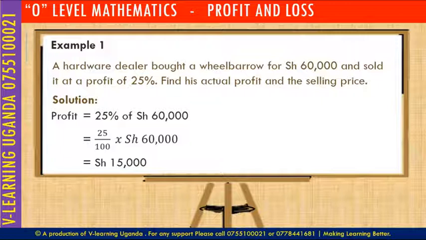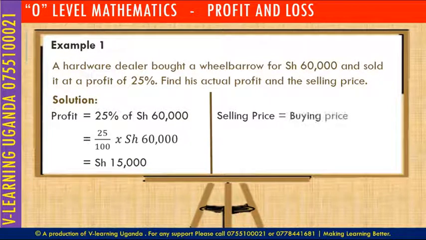Now they also want you to get the selling price. Let's first partition our board here. The selling price is what the hardware dealer used to buy, that was 60,000 shillings, plus the profit he made.